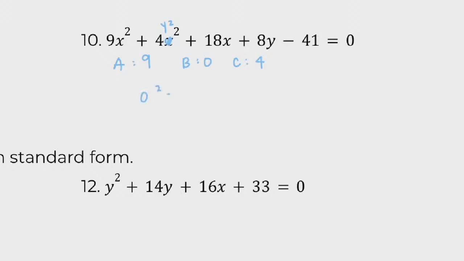So we have 0 squared minus 4 times a times c, so that's just going to be -144. And since b is 0, but a doesn't equal c, that means this is an ellipse.